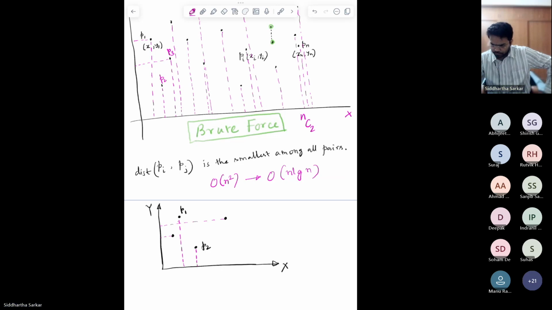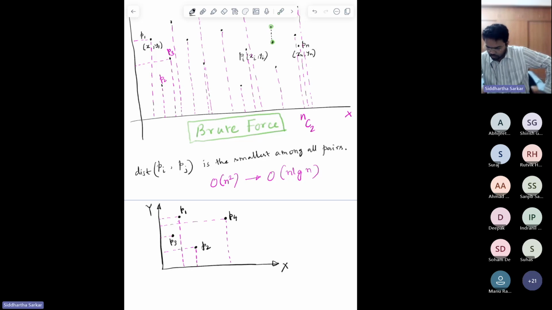Let's do the other projections also. We'll call them P3 and P4. Looking at this configuration, P1 and P3 form the closest pair. This is also a good candidate, but let us believe that P1 and P3 are closer than P2 and P3.